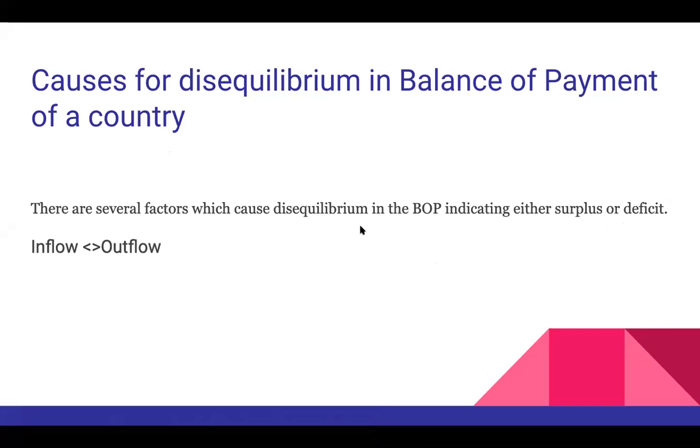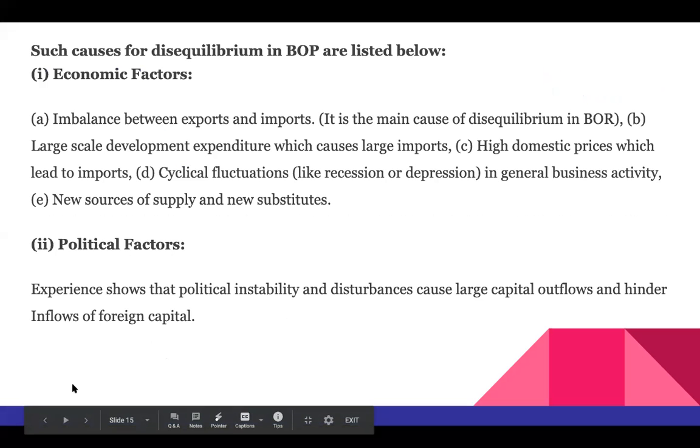So when inflow is not equal to outflow, we call it disequilibrium. Either inflow will be more or outflow will be more. Especially in countries like India, emerging economies, there is always outflow more than inflow. And causes could be economic factors, because you may import more and export less, wherein you end up paying more to outsiders.